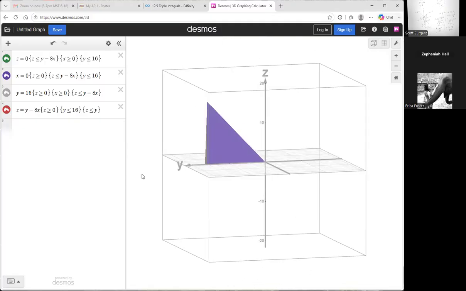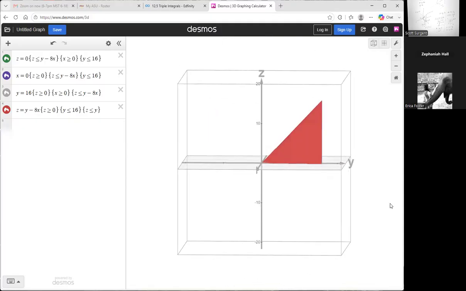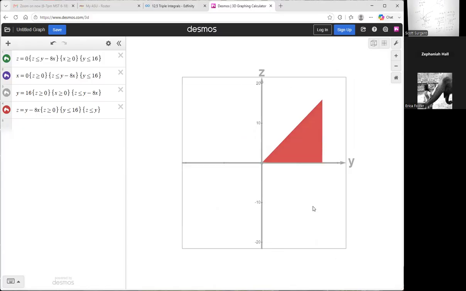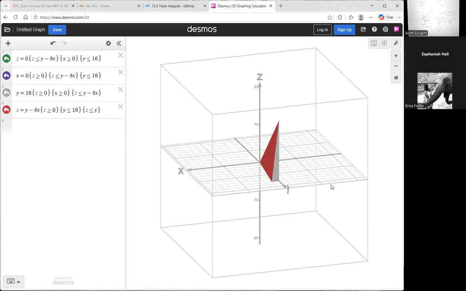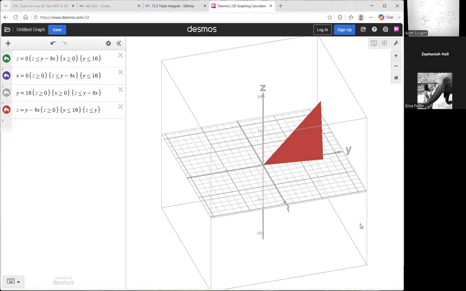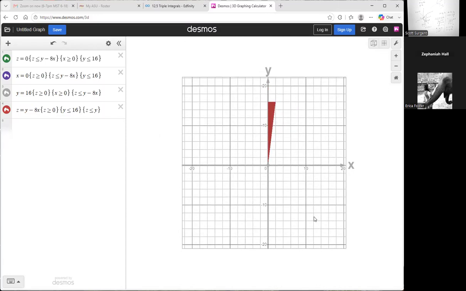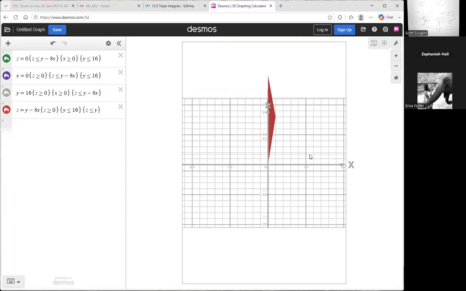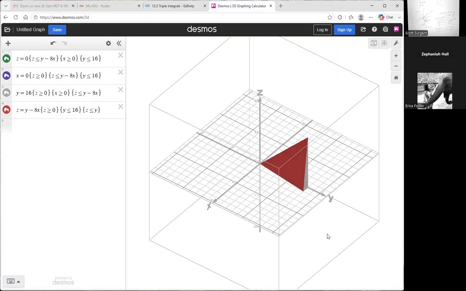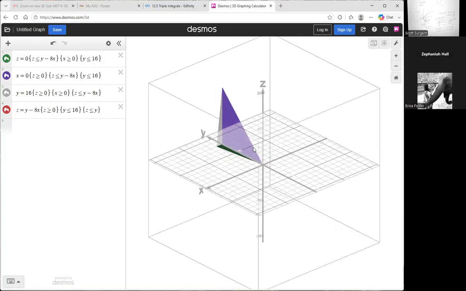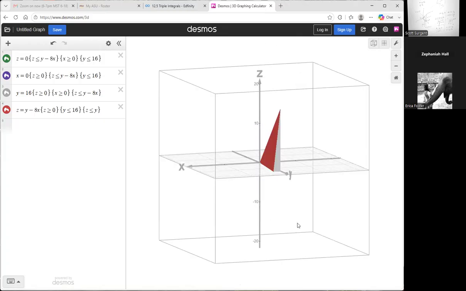For example, if I look at it straight on from X, that's what you see on the YZ plane. If I look at it straight from the Z, normally I like to get the positive Y on top. That's what you see on the XY plane. So Z equals 0, you're looking straight down. This is really nifty because you can play with it and get a real sense of the picture.